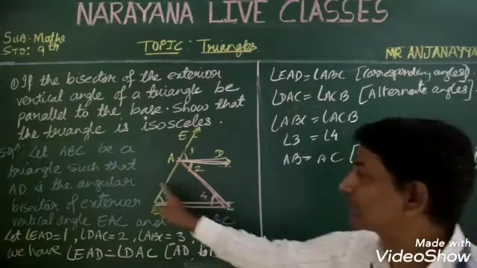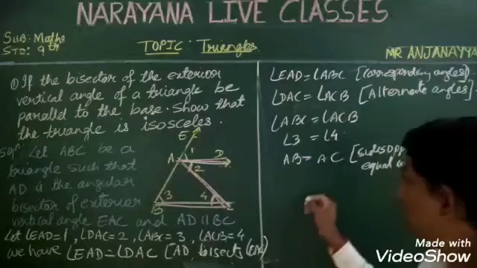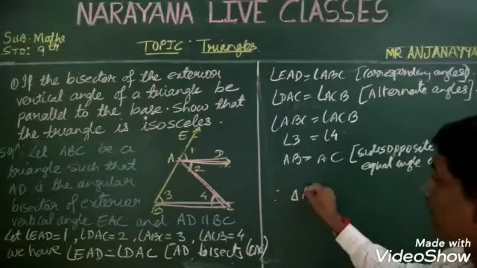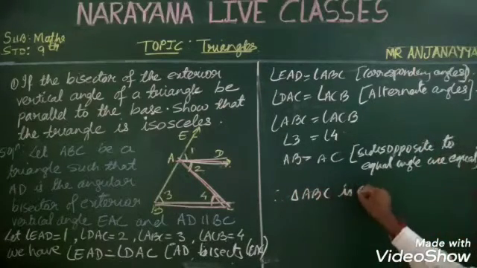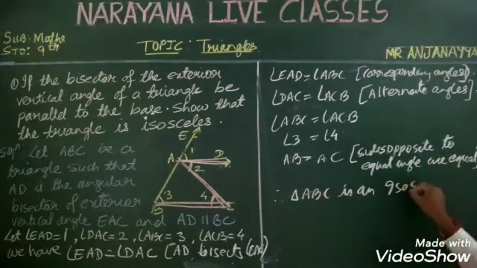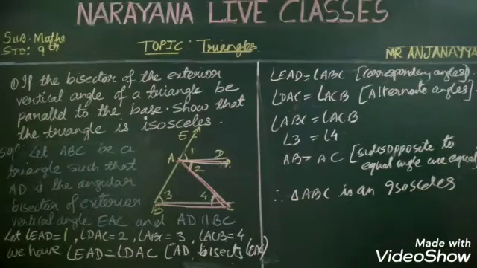So if two sides of the triangle are equal, therefore I can say triangle ABC is an isosceles triangle, and that is my required proof.